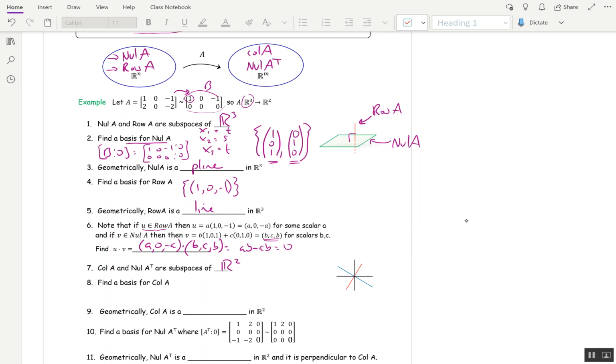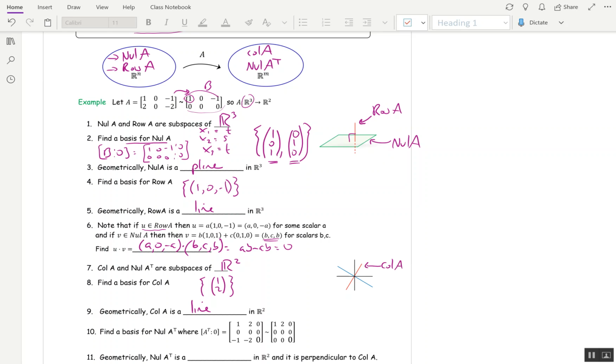We take the columns of A that correspond to those pivot columns of B. So we're just going to take a single column of A, the column 1, 2. All right, and so col A is the space spanned by that single vector, so that's a line in R2. And you can picture that as this red line.